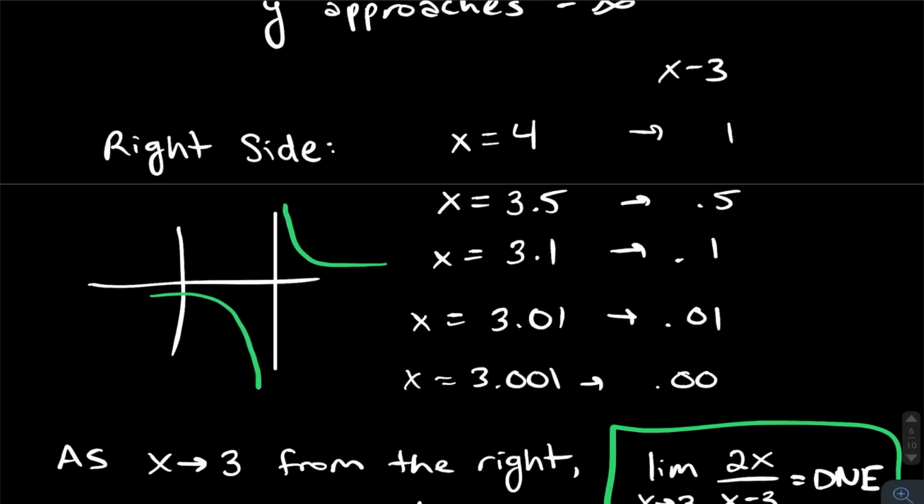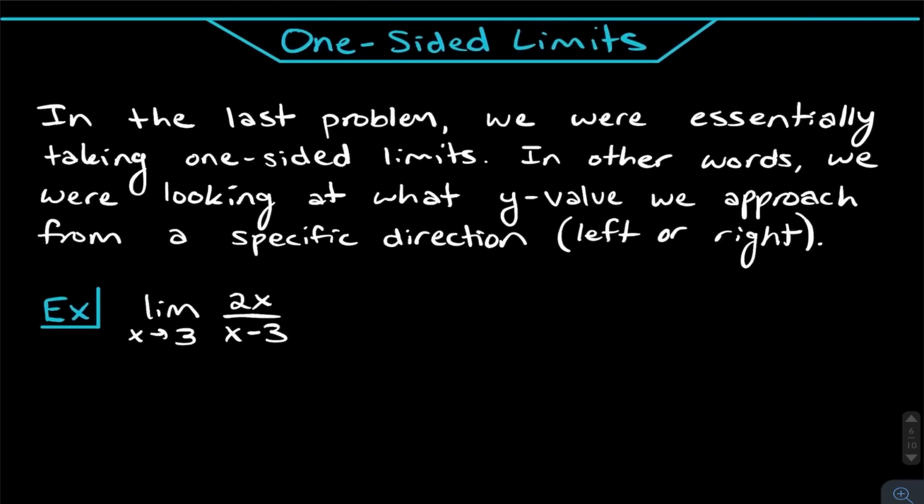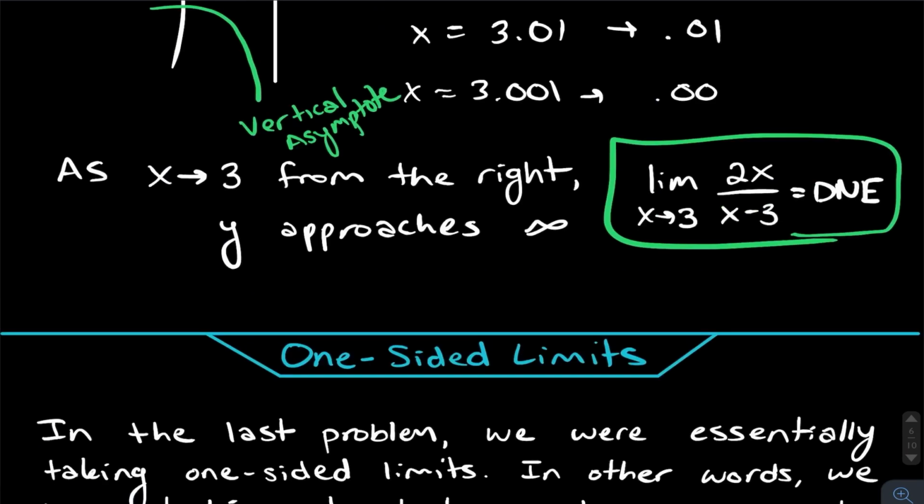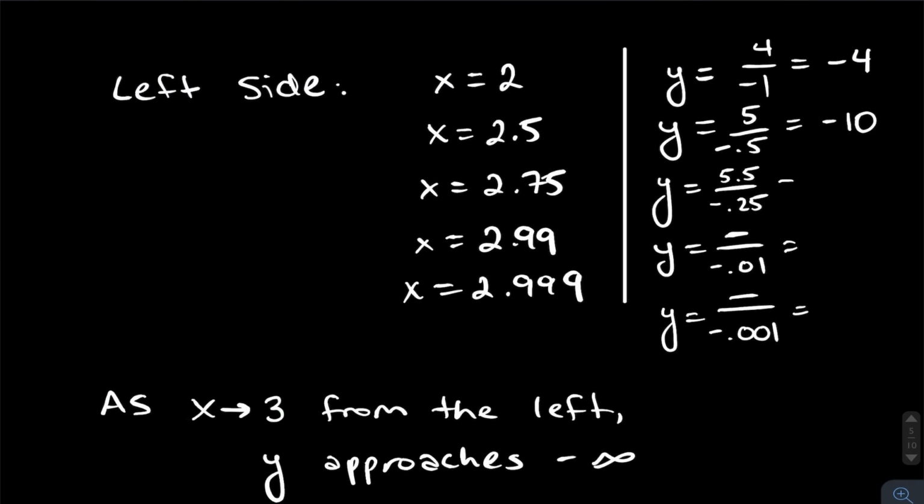So there's going to be an infinite discontinuity at this point right here. This is called a vertical asymptote. Okay? Now we'll get into the whole one-sided limit thing, which is what we were just doing here with the test points.